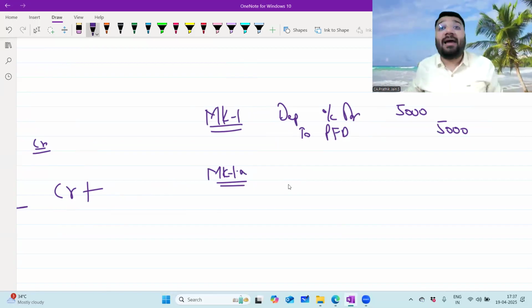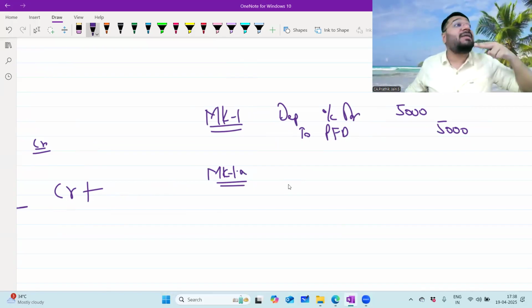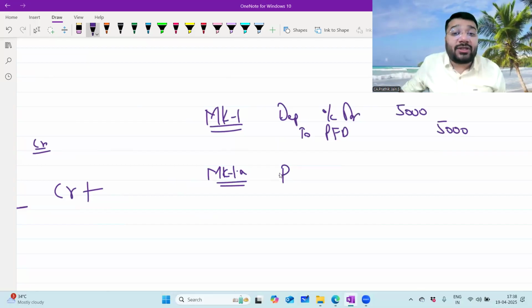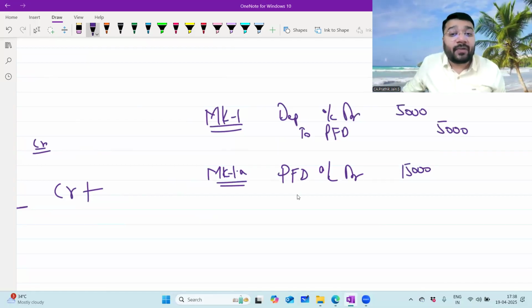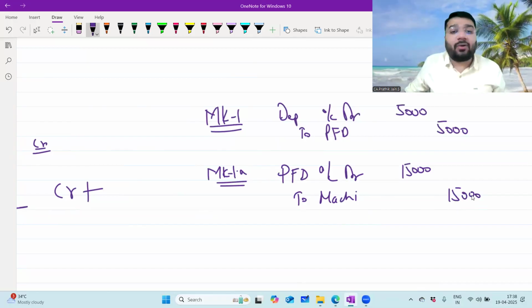PFD is always credit balance. To increase a liability, credit. To decrease liability, debit. So my intention is to reduce the amount in the PFD account. So PFD account debit 15,000 to machinery account. And this 15,000, when I record in the machinery account, will again have a tendency to reduce my asset value. So again, 15,000 credited in the machinery account.